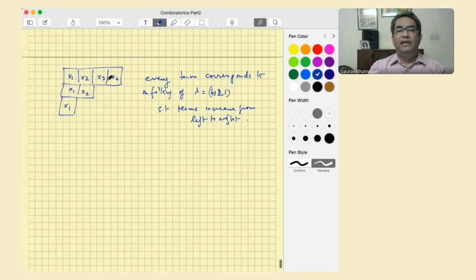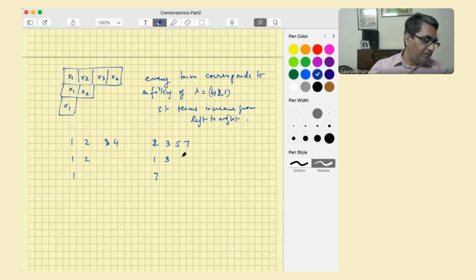I can just write 1, 2, 3, 4, 1, 2, and 1 instead of xi's, and this is legal too. 2, 3, 5, 7 is also legal. 1, 3 is legal. 7 is legal. So this is legal. Terms should strictly increase from left to right.